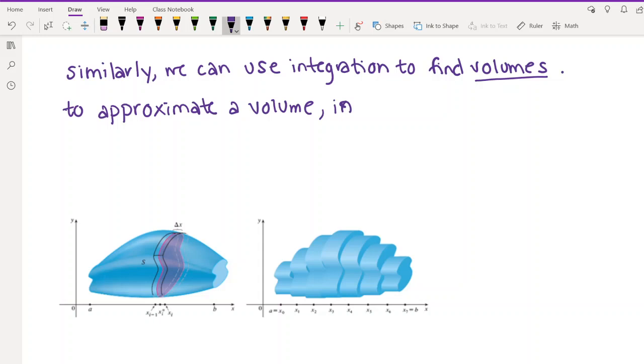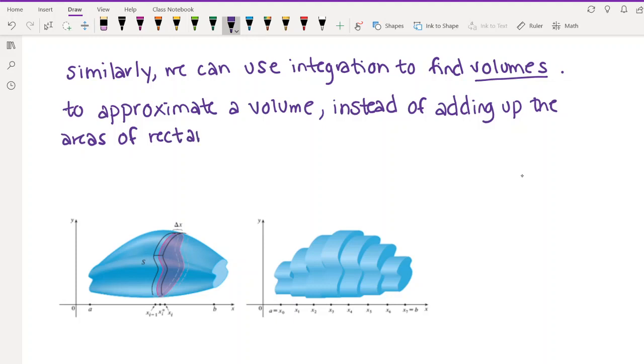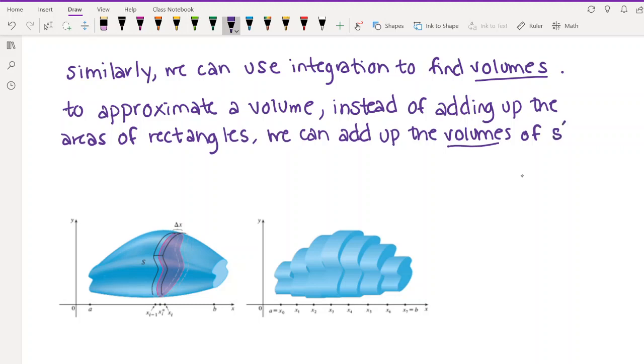So to approximate a volume, instead of adding up the areas of rectangles, right? That's what we were doing in the area one. Base times height gives the area of a rectangle. We'll be adding up, or we can add up, the volumes of slices.